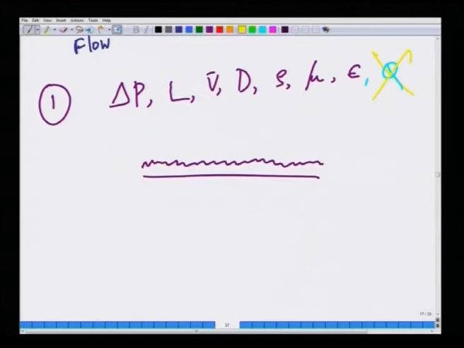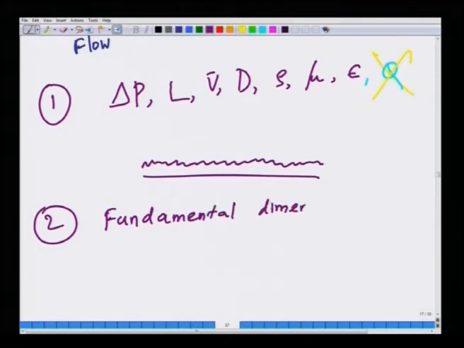So, there is no need to include such redundant variables in our initial estimate of the relevant parameters that affect the pipe flow problem. And the fundamental dimensions are mass, length and time, as in most cases in mechanics.